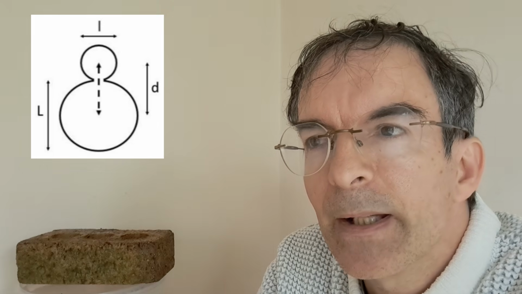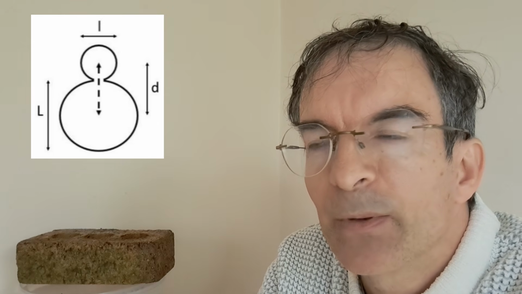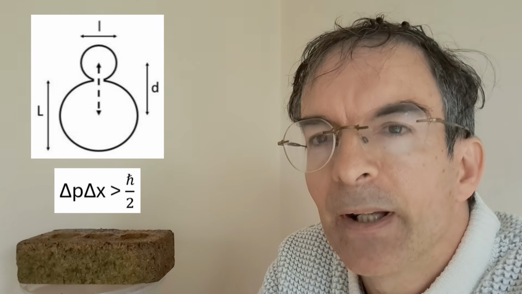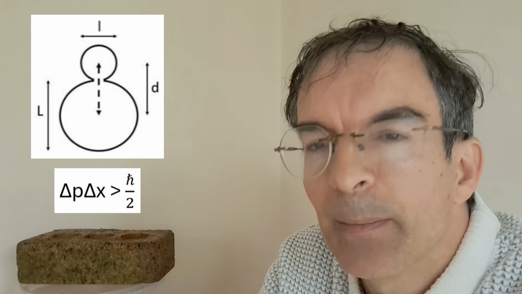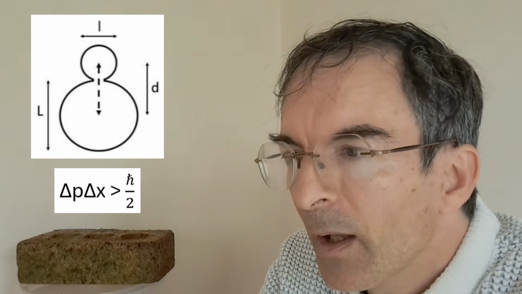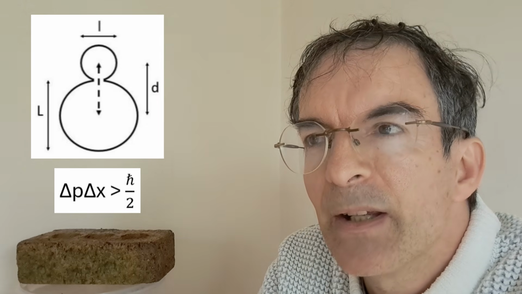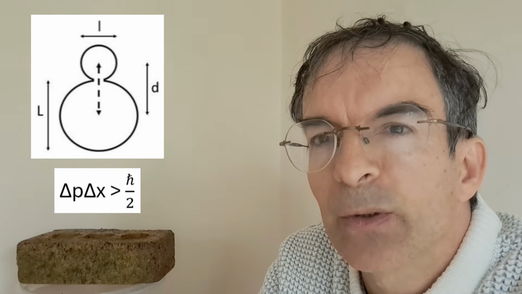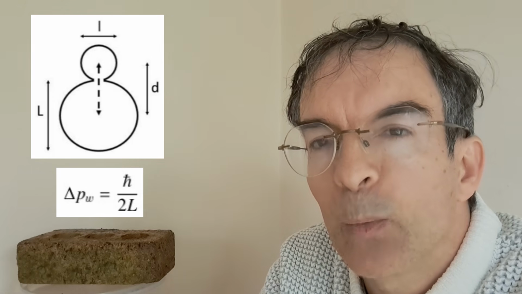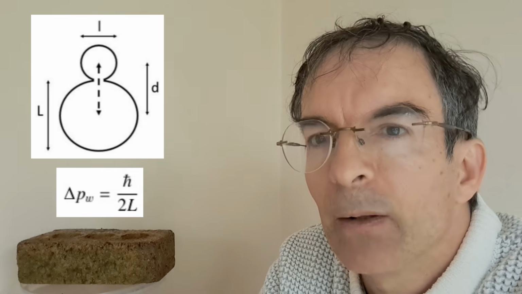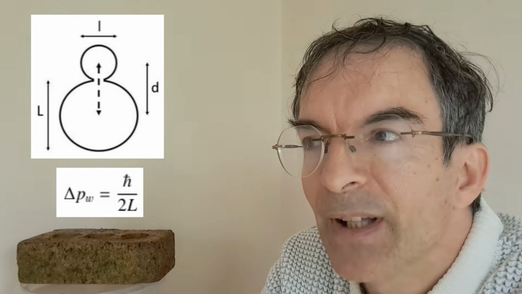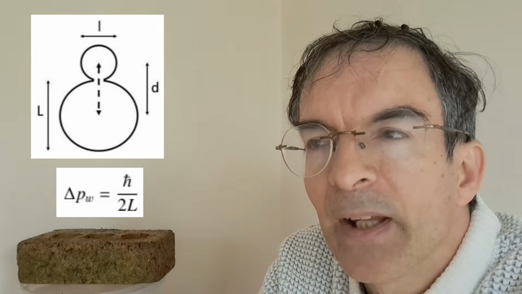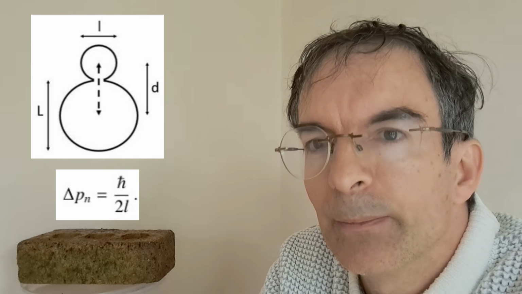The uncertainty in position times the uncertainty in momentum equals h bar over 2. So for the wide end, delta p_w, the momentum at the wide end, equals h bar over 2L, where capital L. And for the narrow end, delta p_n equals h bar over 2 small l.